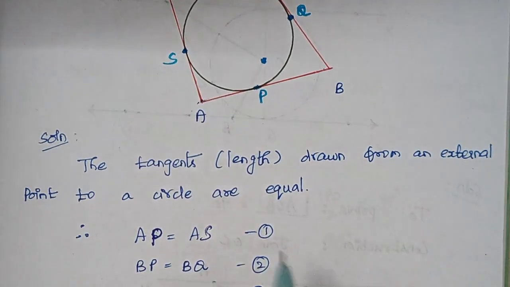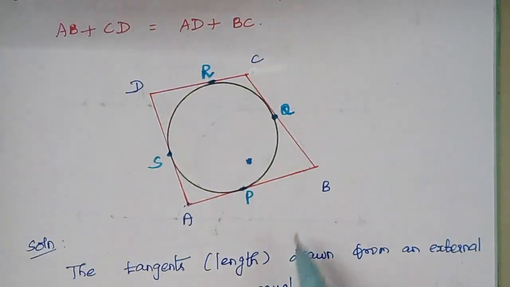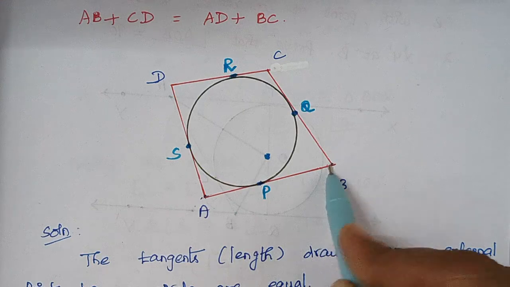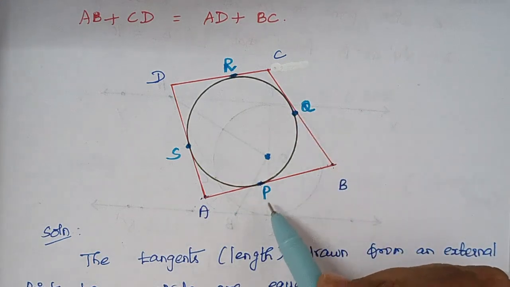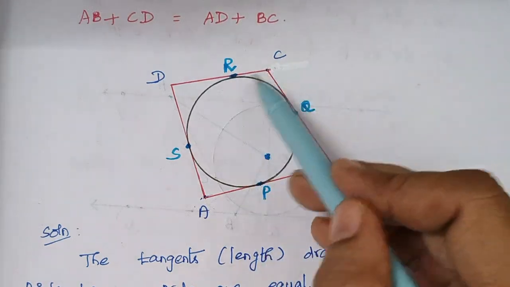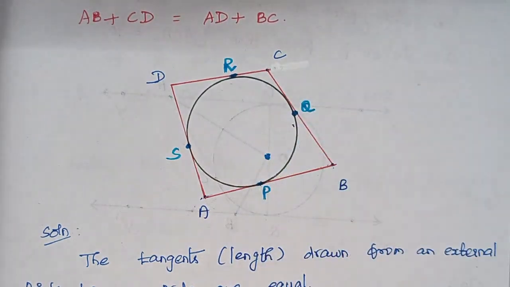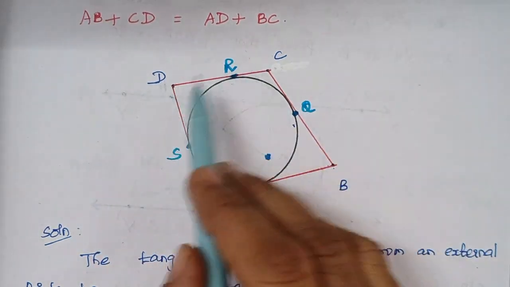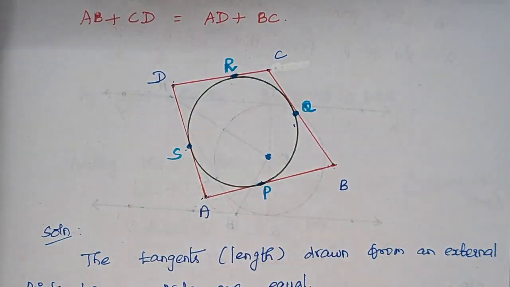So we can write AP is equal to AS. Similarly, BP is equal to BQ because B is an external point and BQ and BP are the tangents. And C is an external point and CR and CQ are the tangents. And D is the external point where DR and DS are the tangents.